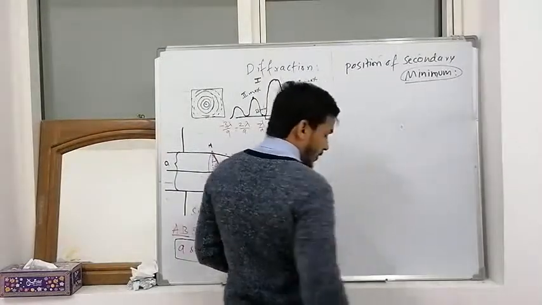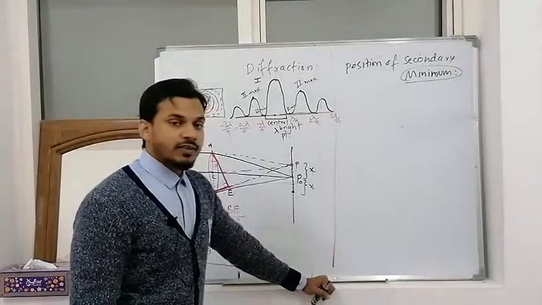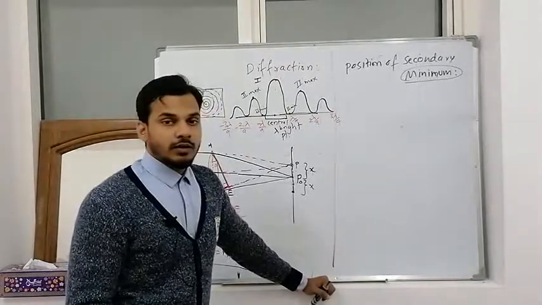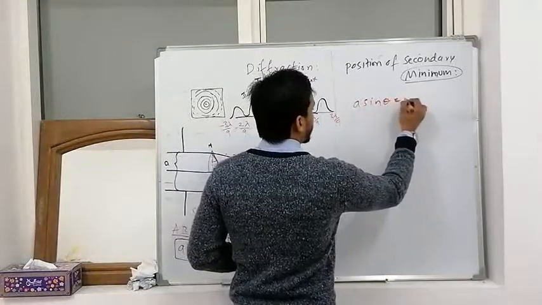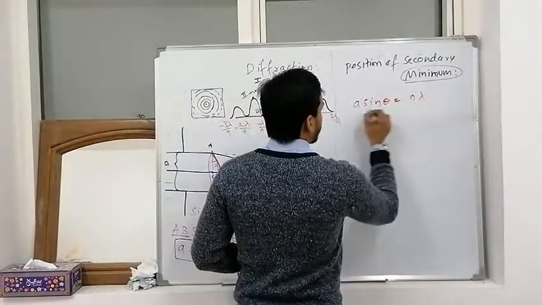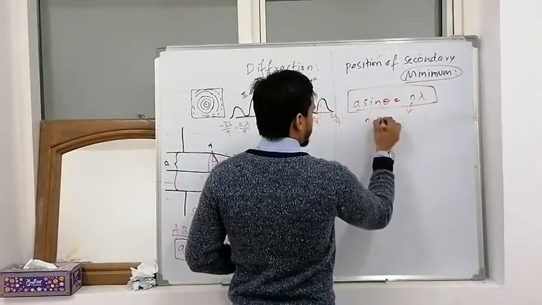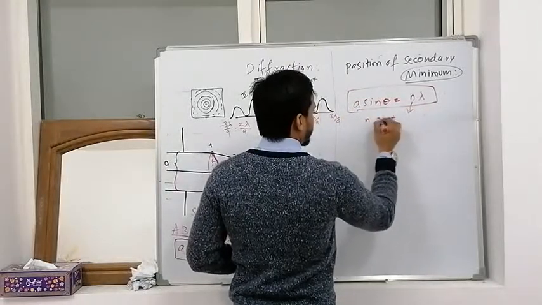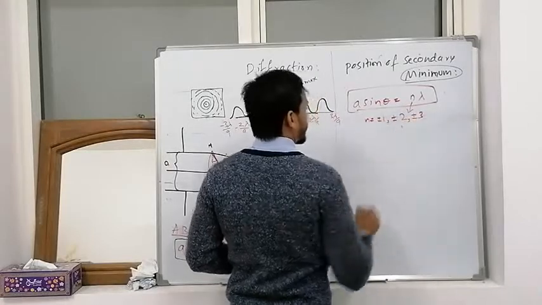So where will be the position? The position will be whenever there is a sine theta equal to n lambda, where n is equal to plus or minus 1, plus or minus 2, plus or minus 3.